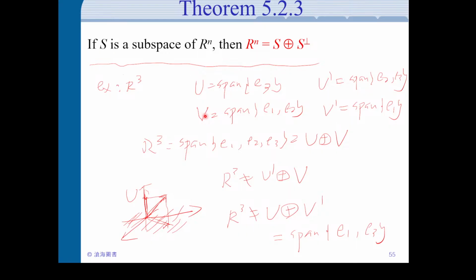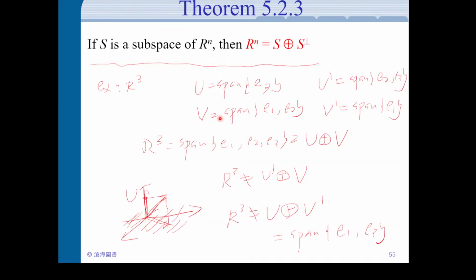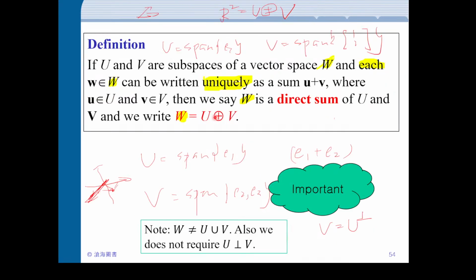Here we have U prime and V. We know that saying "each" and "uniquely" are important. Here we have a very weird definition. We didn't actually define the direct sum of everything.